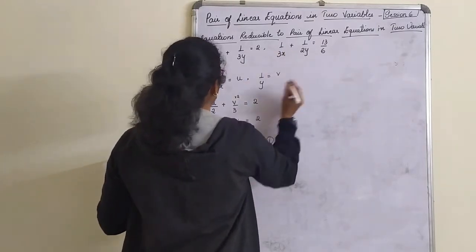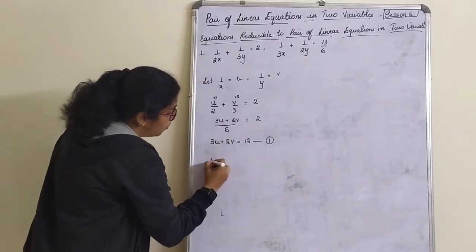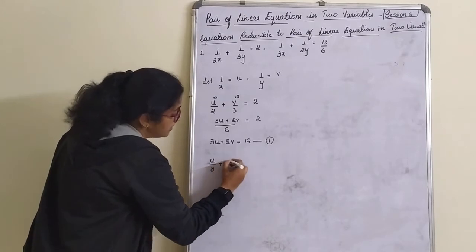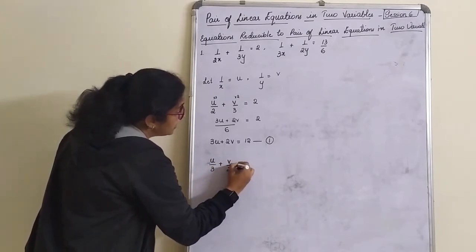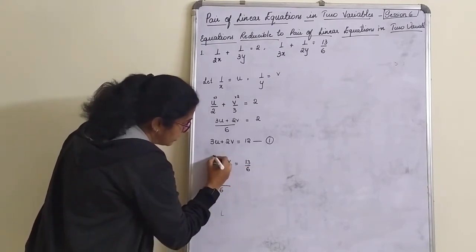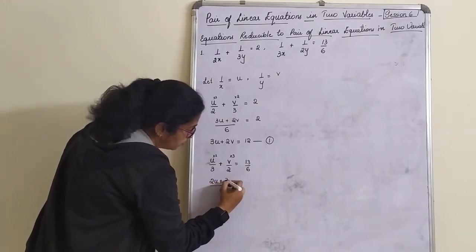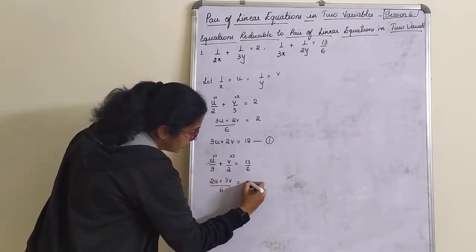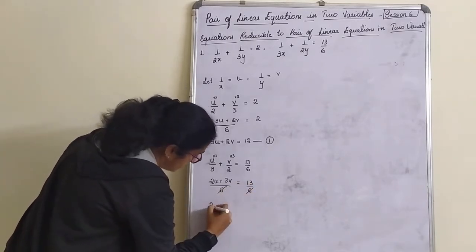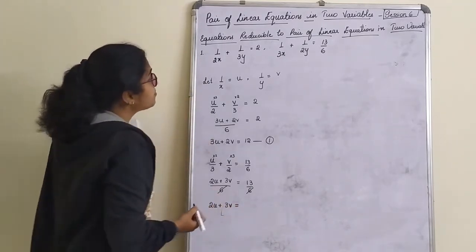Next, we'll solve for this also. This is u upon 3 plus v upon 2 is equal to 13 upon 6. LCM is 6, so 2u plus 3v is equal to 13 upon 6 times 6, so 6 and 6 will get cancelled. 2u plus 3v is equal to 13.